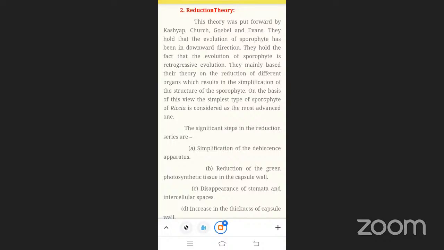Okay, very good. So Riccia has the simple structure, very primitive. The advanced one is Funaria, from Marchantia to Funaria. Okay, Nandi. So based on the reduction theory, Riccia is the very advanced structure compared to Funaria. This is an important topic.